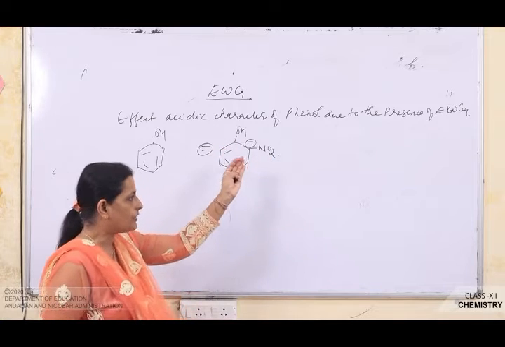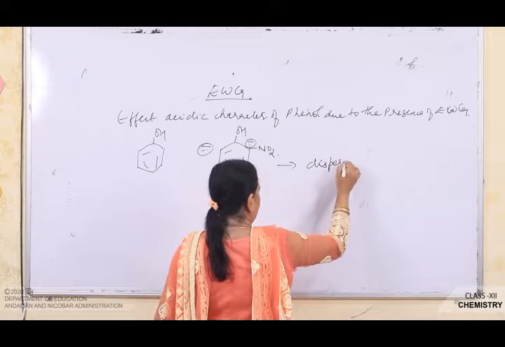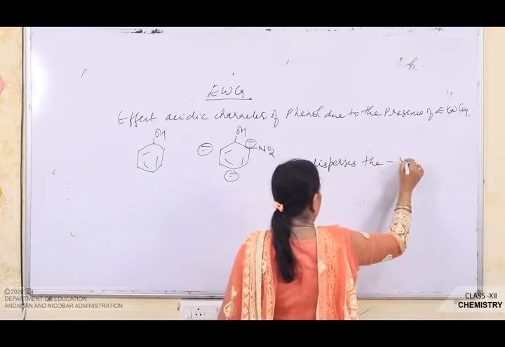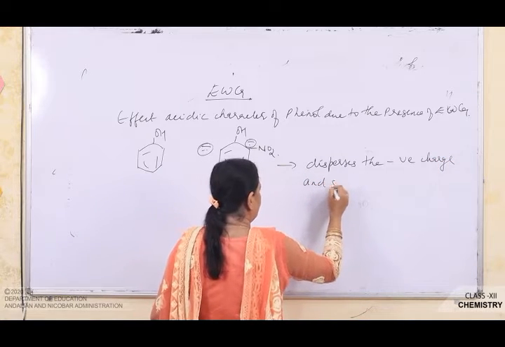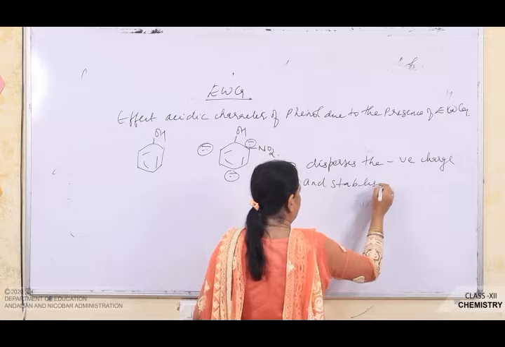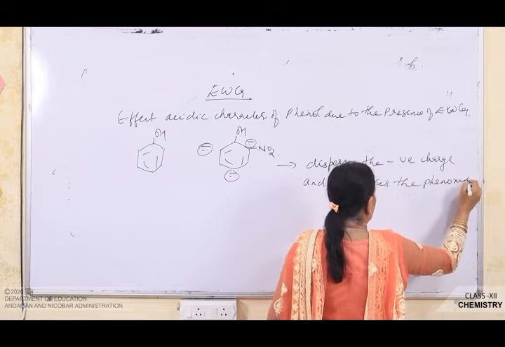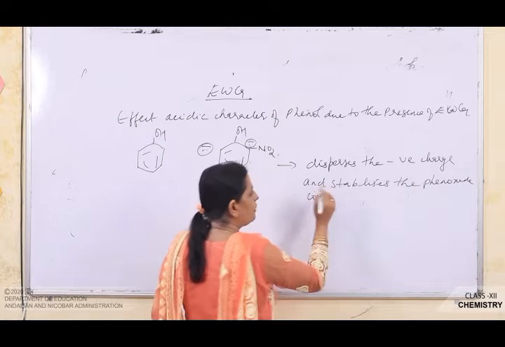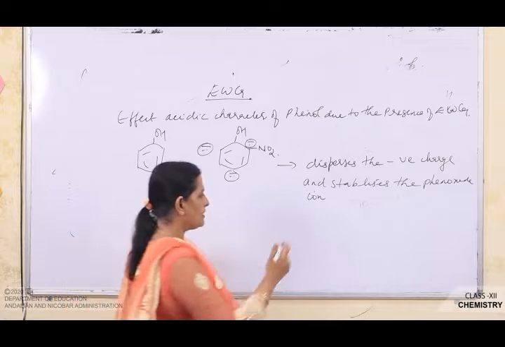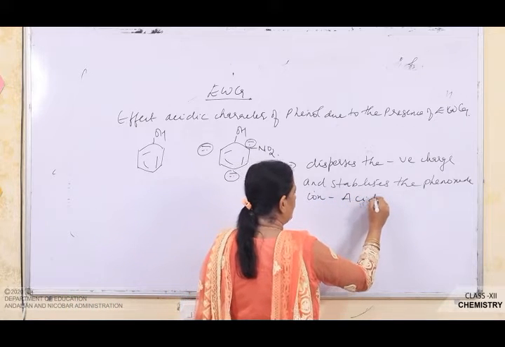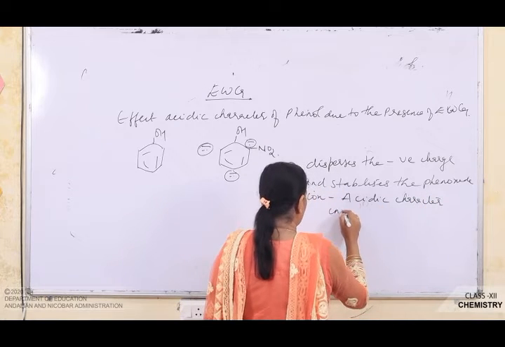When it is withdrawing the electron, it disperses the negative charge and stabilizes the phenoxide ion. So when the stability of phenoxide ion is increasing, what will happen to the acidic character? The acidic character will increase. So acidic character increases. So is it clear?